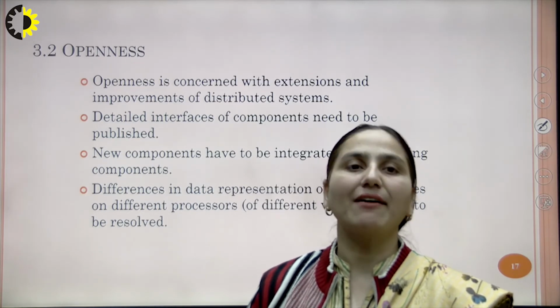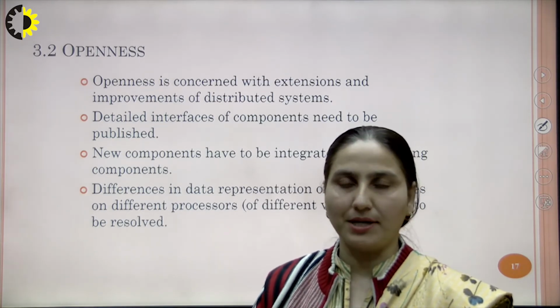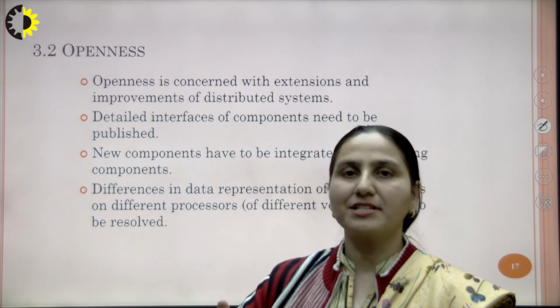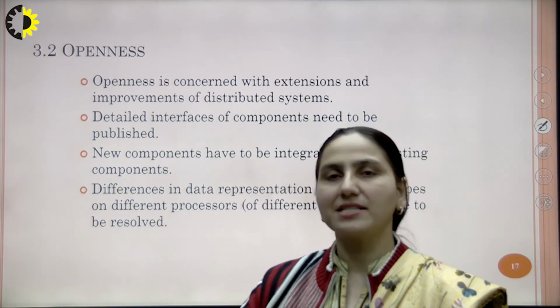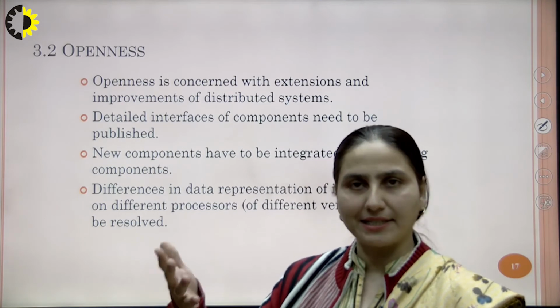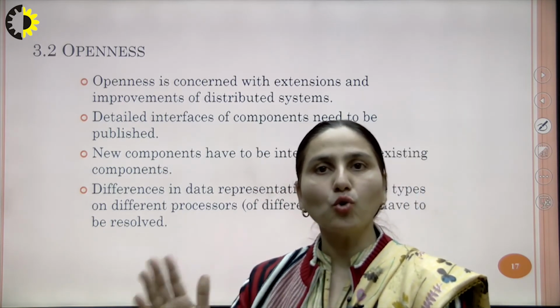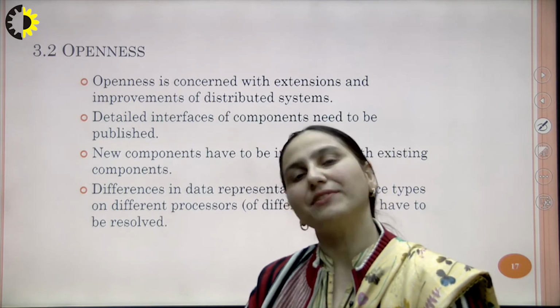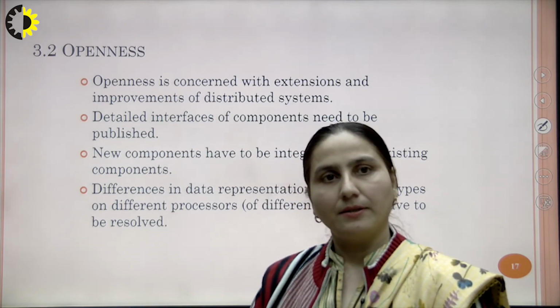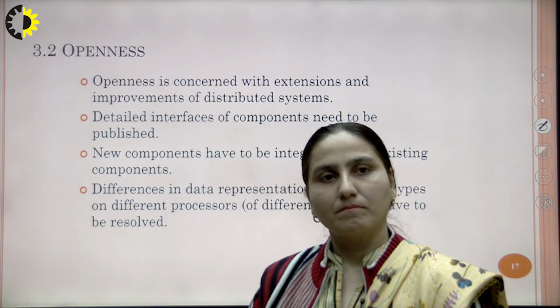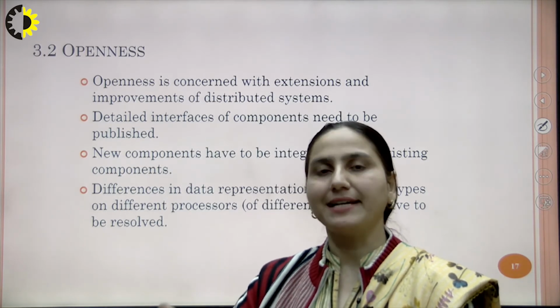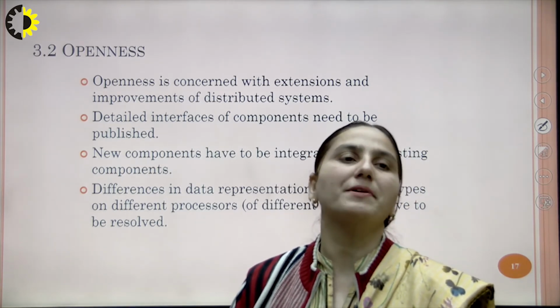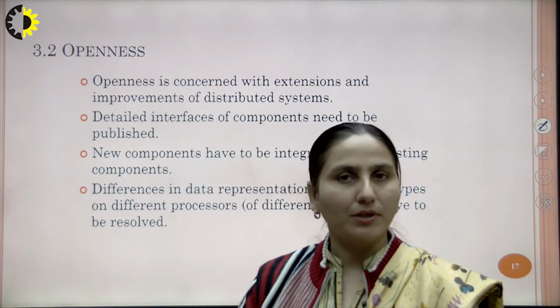New components have to be integrated with the existing components. Presently, for example, we have 10 components and we are adding some more, 2 or 5 or 10 components. Those new components need to be properly integrated with the present system, with the existing nodes present in the distributed system.